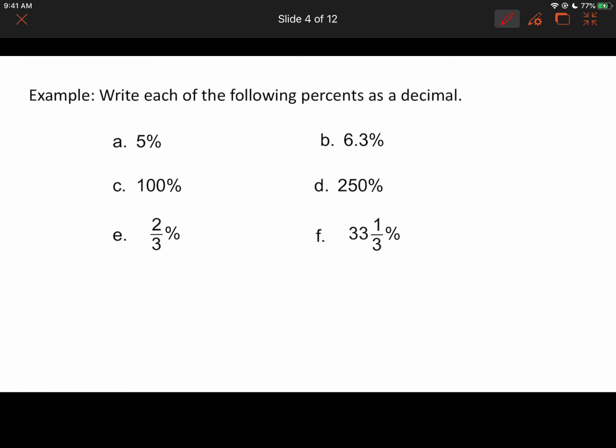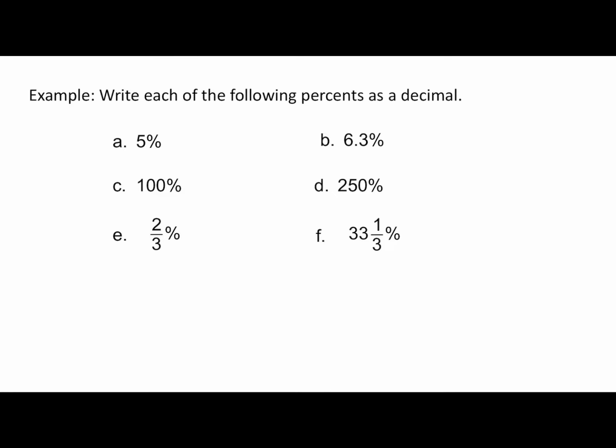Okay. What about going the other way? So here I've started with a percent and I want to rewrite it as a decimal. So I have 5%. Well, my definition of percent says that's 5 over 100. And now we know how to write this as a decimal.